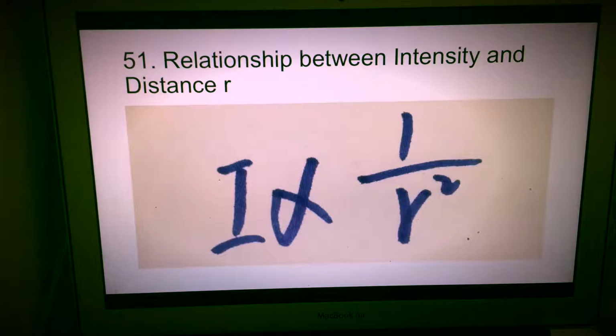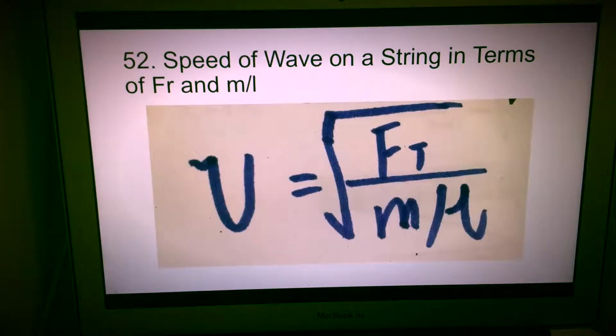51. Relationship between the intensity and the distance r is inverse. You see, I is proportional to 1 over r squared, which means it's inversely proportional to r squared. 52.